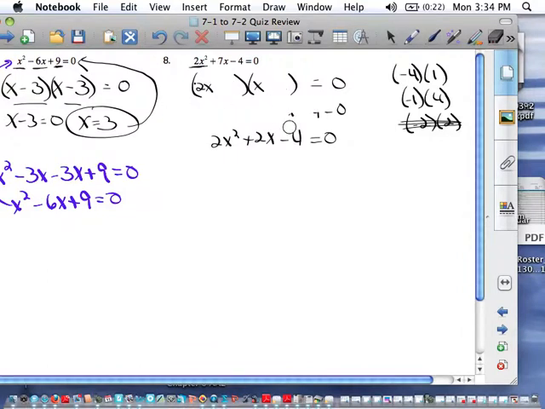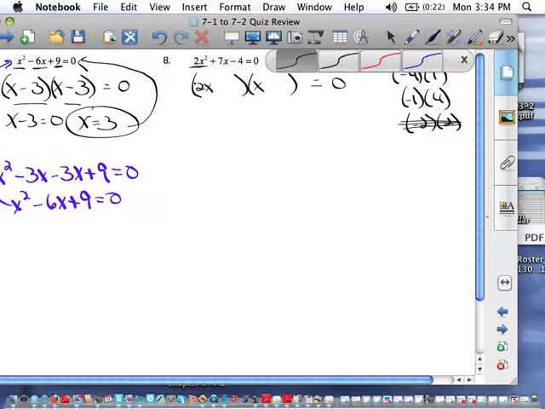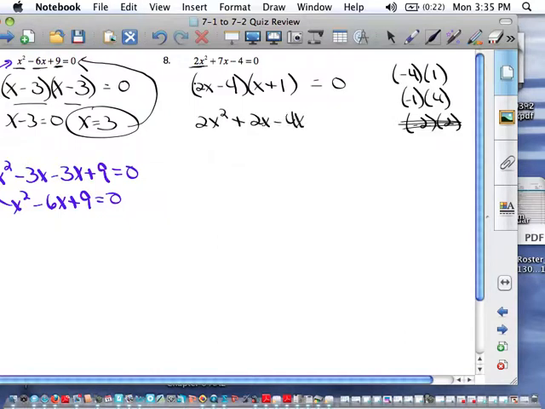So now, let's take a look at the options we have left. Let's choose the first one. Let's say I have -4 and +1. When I FOIL this, I'll have 2x squared plus 2x minus 4x minus 4. Again, when we look, we're going to get a -2x in the center, and that's not going to be what we started with. So let's try again this time.